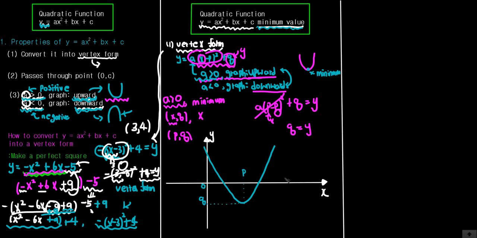We can see that the graph is going upward, and the maximum point never exists because the graph keeps going. Only the minimum point exists, and the minimum point is p comma q. We can also see that p is the x value, here on the x-axis, and the y value is q. So this is the minimum point of our graph.